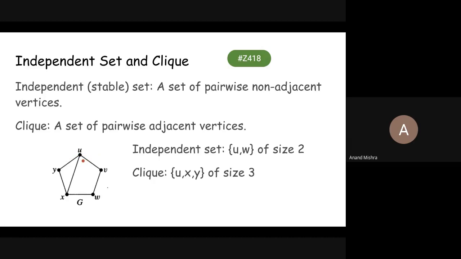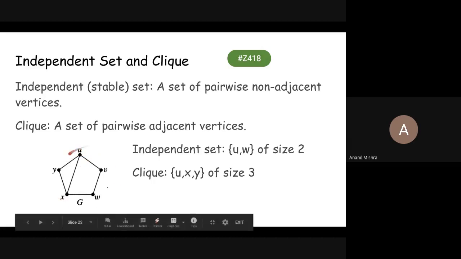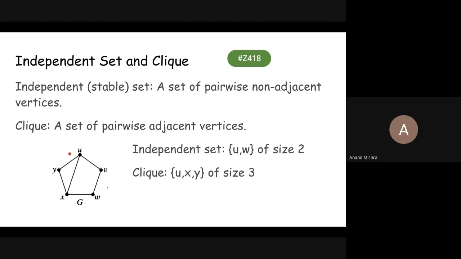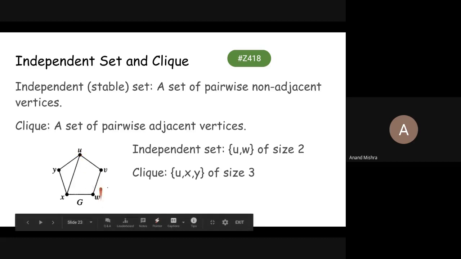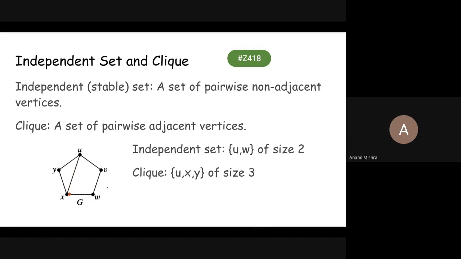Can you find an independent set of size 3 in this graph? So what is an independent set? Clear, right? UW is an independent set because they are not connected. YP is an independent set. XV is also an independent set. But X and U is not an independent set because they are connected. So can you find an independent set of size 3? VXY, but XY is not independent.